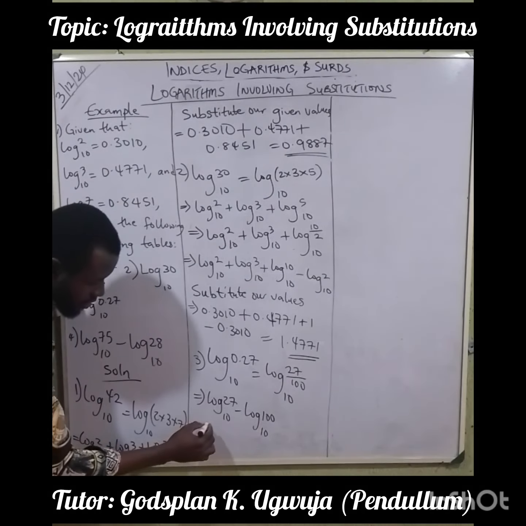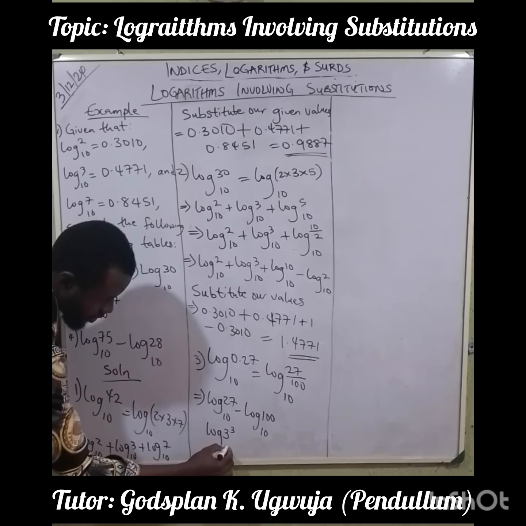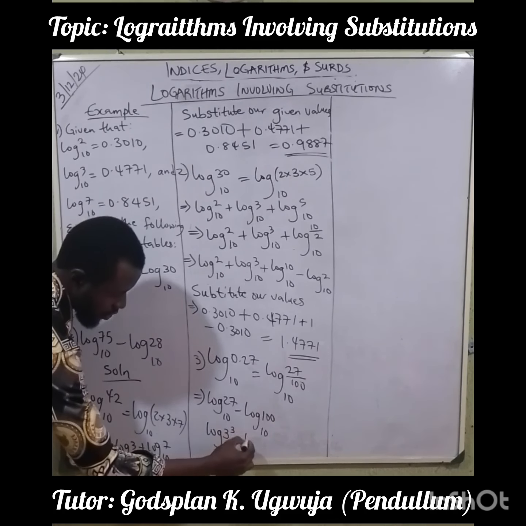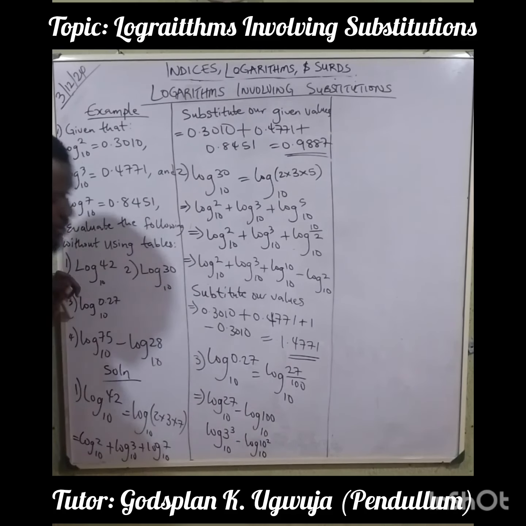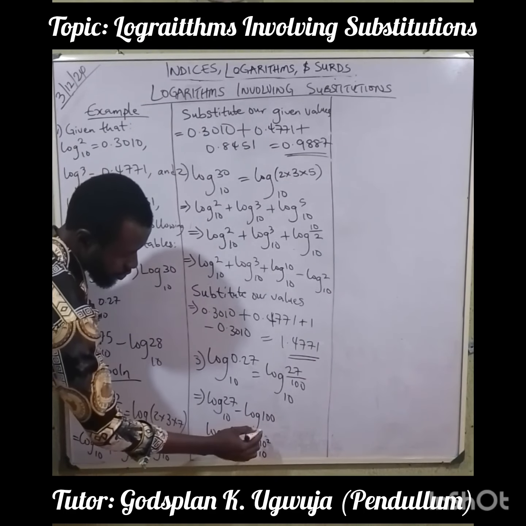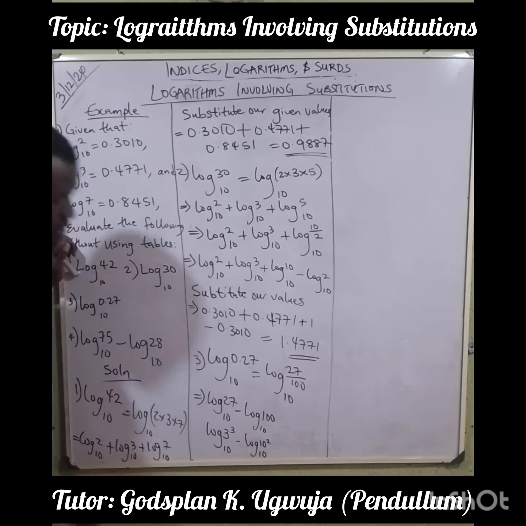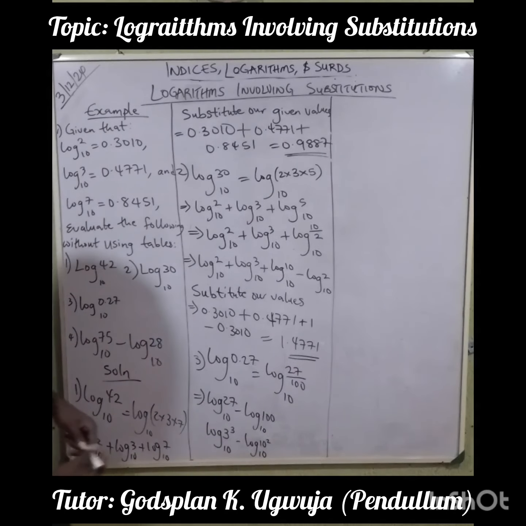I can write this as log 27 is 3 cubed base 10 minus 100 is 10 squared base 10. Alright, so I can write it like this, and I've not made any error. 27 is 3 raised to power 3 base 10 minus 100 is 10 squared.